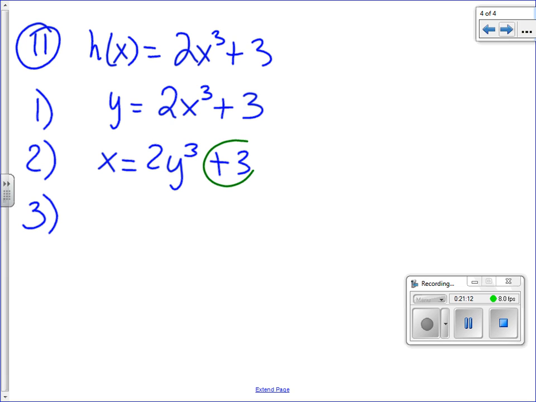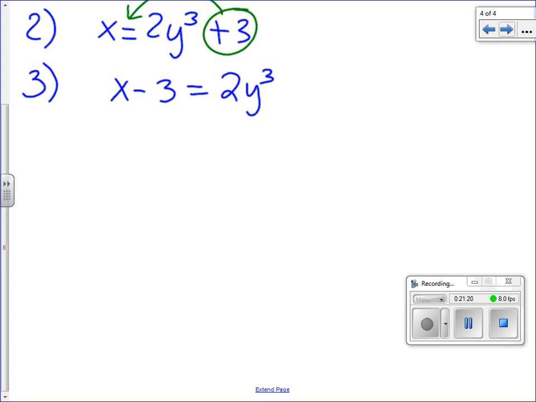So again, this plus 3 is adding, take it across, it will be subtracted. Now the 2 is multiplying to the y, so if I take it across, what is it going to do? Divide. Now we have y raised to the 3rd power, or being cubed, right?